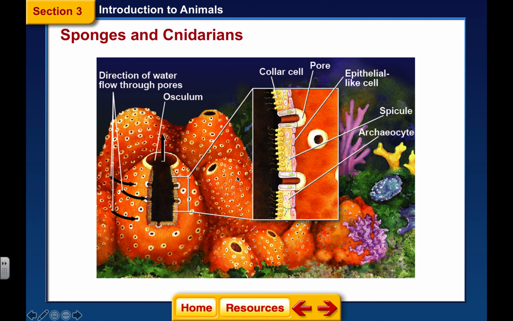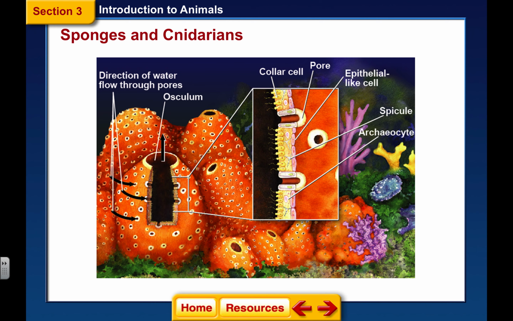Also in here, if you can see right here, these are your spicules, and they're pretty sharp. So when their predators try to bite down on them, they're going to get this sharp spicule in their mouth and hopefully be deterred from eating the sponge, because there are a lot of predators to sponges. Starfish move over sponges and eat them.